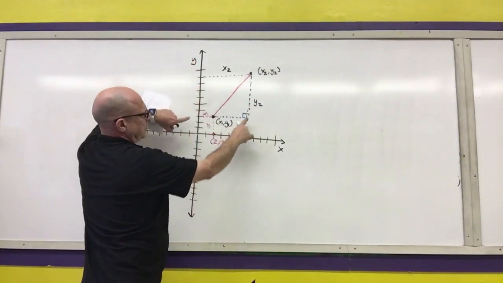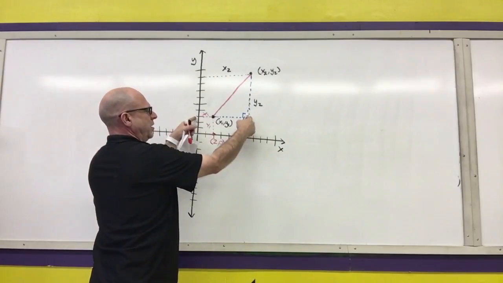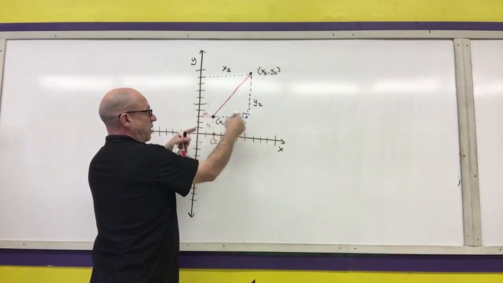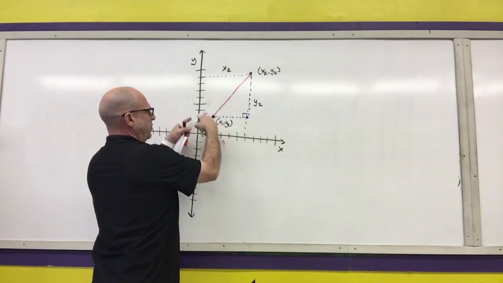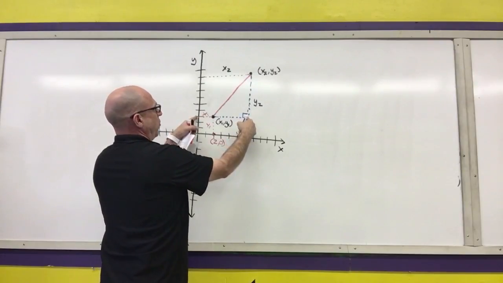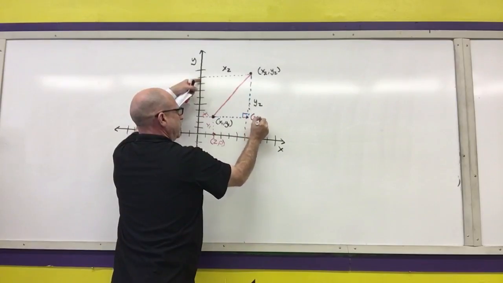So let's do this segment first. In order to find the length of a horizontal segment, I need to know what this distance is. The coordinates for this point right here would be the distance between here and here. That's the exact same horizontal distance as between here and here, so it's going to have a coordinate of x2.